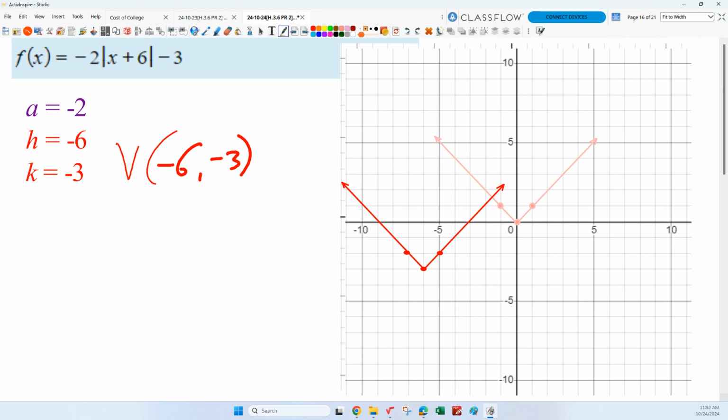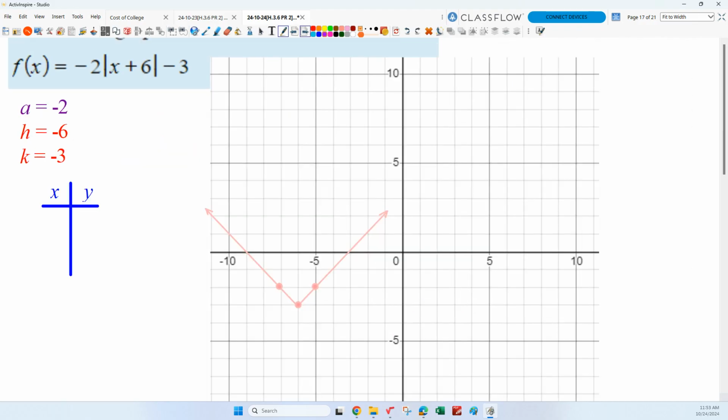So what's that tell me? That tells me that 1 times negative 2 equals negative 2. So instead of going up by 1, we're going to go up by negative 2 and get there. Good.